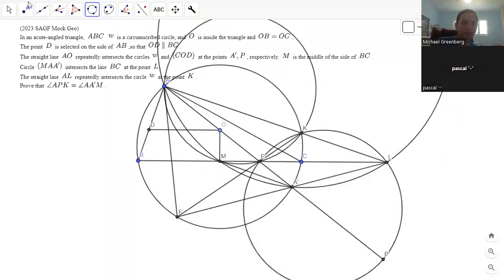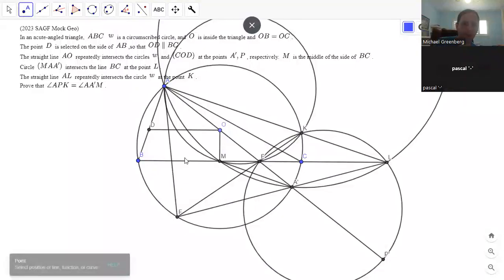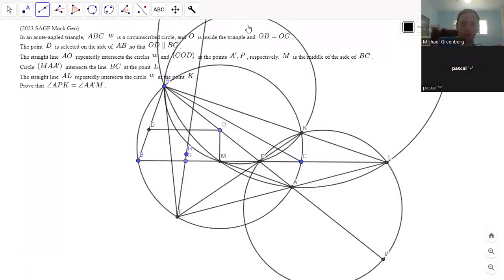We could even pick a different point on BC. If we intersect FG with the circle, then I'm saying that AHME would be cyclic.